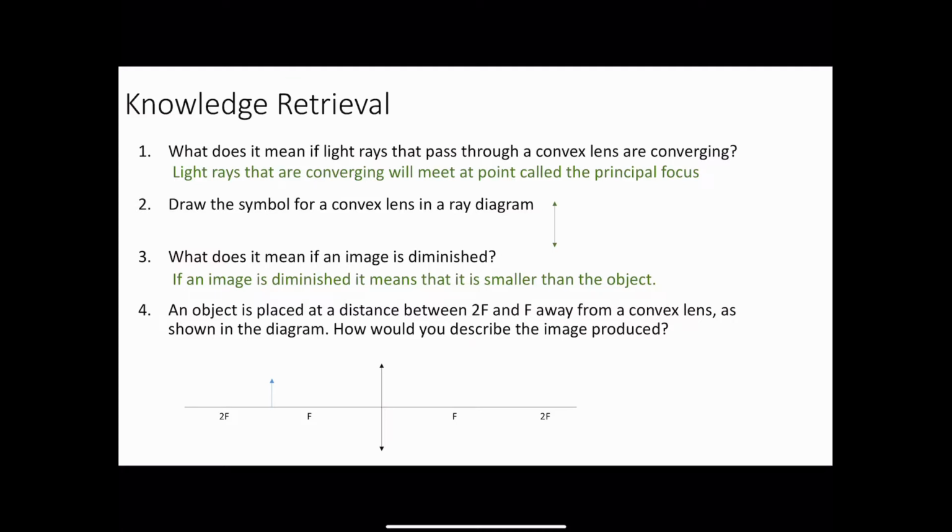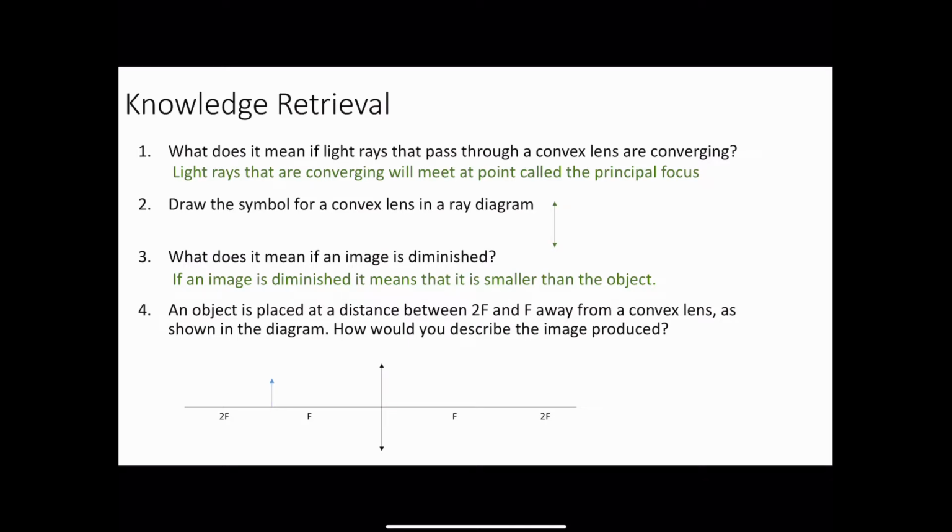And then finally, question 4 says, an object is placed at a distance between 2f and f away from a convex lens as shown in the diagram. You can see here that we've got our object in blue and it's between 2f and f away from our lens. How would you describe the image produced?